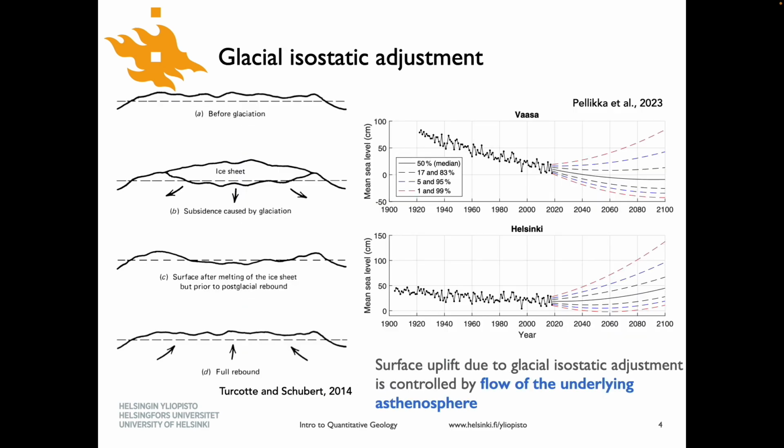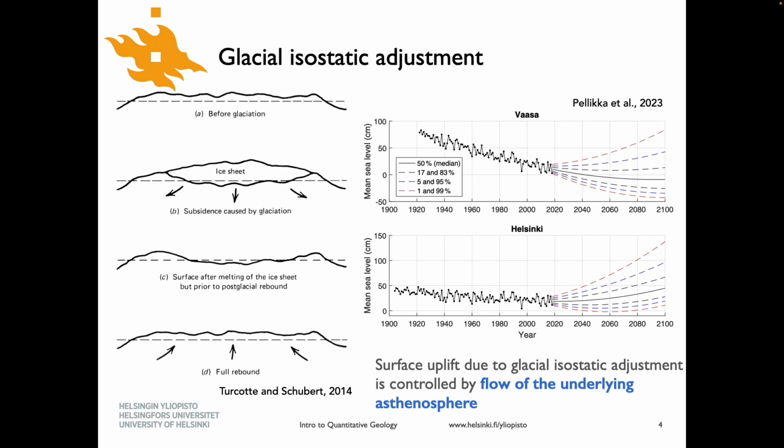Another example of viscous flow is what follows glacial loading in places like this. When you've loaded the surface of the Earth with something like an ice sheet, it of course causes some subsidence, and the subsidence displaces the asthenosphere that is below the lithosphere due to the load of ice.